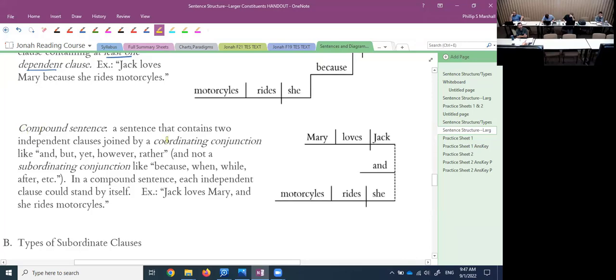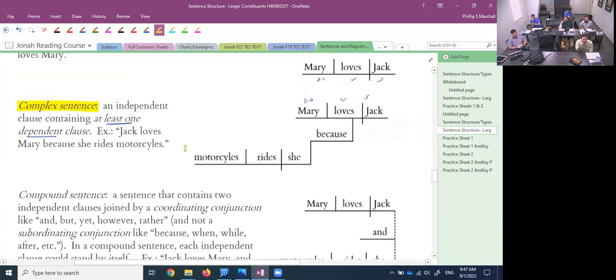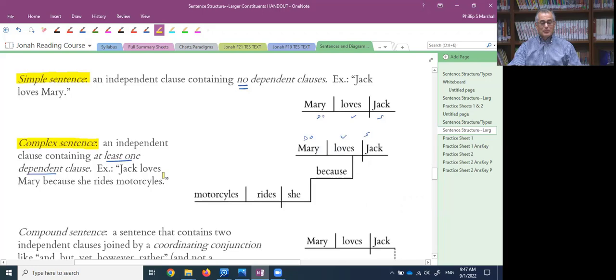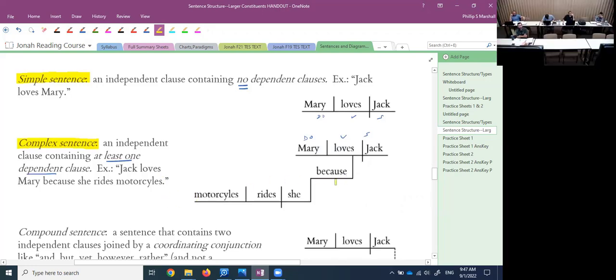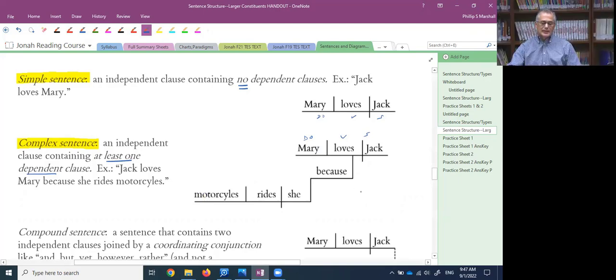Hey, Dr. Marshall, real quick, how would you label that dependent clause? How would I label what now? Dependent clause. Aside from just saying this is an adverbial dependent clause, how would you take it one step further and label those markers? Yeah, okay. Well, that's good. So basically, when you have adverbial dependent clauses, just so you know, the recommendation is to use a shelf-like thing, or it looks like a little terrace, right?